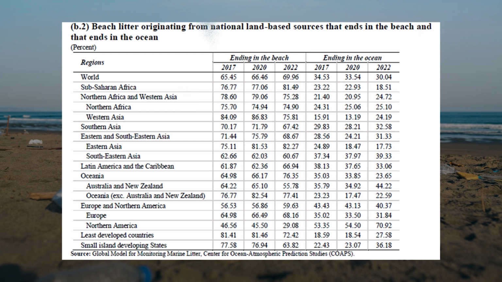So it is increasing, right? At least we will take urgent action. But when it comes to ending up in the ocean, it is 34.53% in 2017 and 30.04 in 2022. So it is decreasing. So we have taken some action on this.